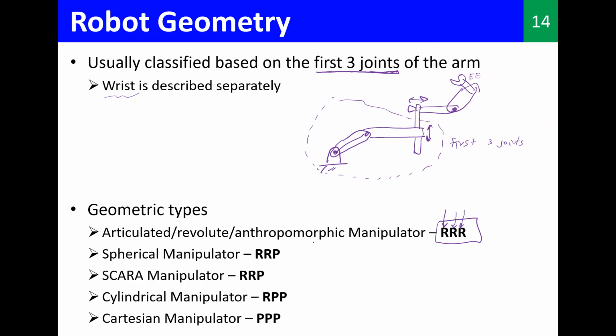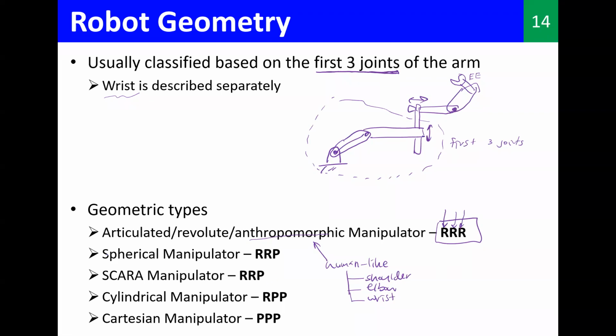Anthropomorphic actually means human-like. When I say human-like, it would have a shoulder and elbow and wrist, so that looks pretty similar to a human arm. That's what it means by anthropomorphic.